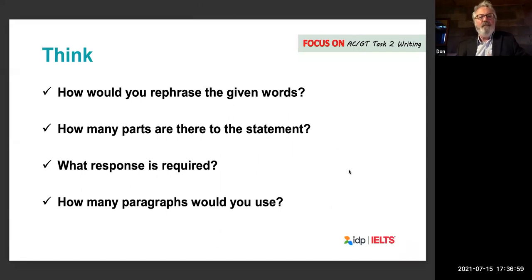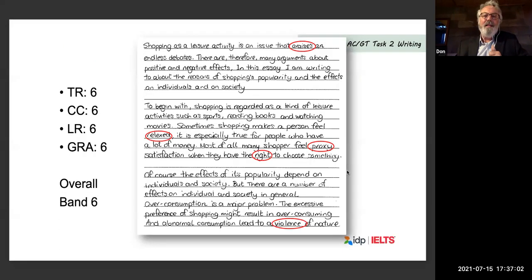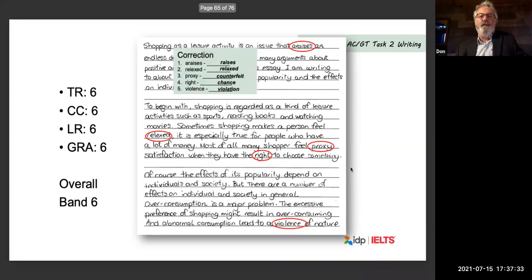We can see that there are quite a few spelling errors. Now, these spelling errors are a little bit confusing, but not completely confusing. Erases, relaxes, proxy, the right to choose, violence of nature. These words are sometimes misspelled, sometimes it's a bad choice of word.